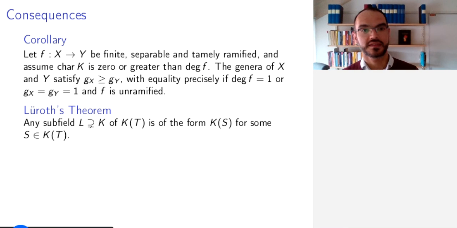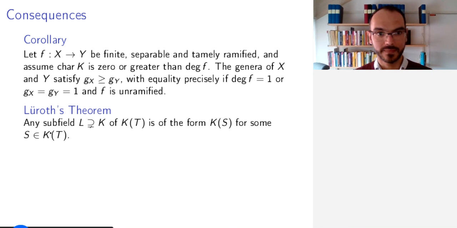Another consequence is the theorem known as Lüroth's theorem. And it says that if you have the field, the purely transcendental extension of degree 1 over k, and you have a subfield that is not k itself but contains k, then it is of the same form, k(s), for some s in k(t).